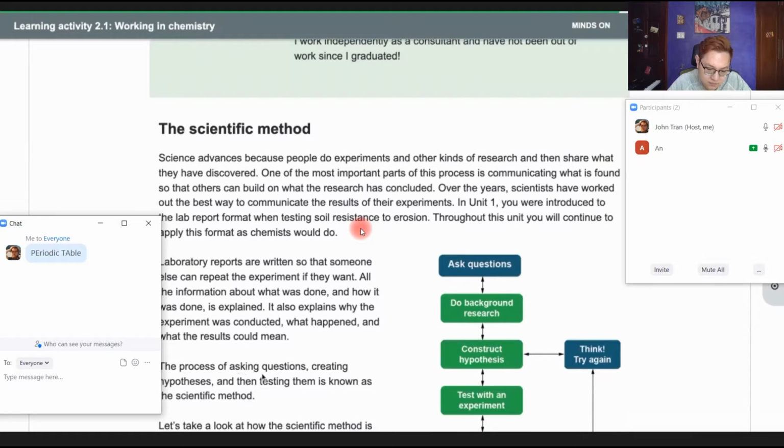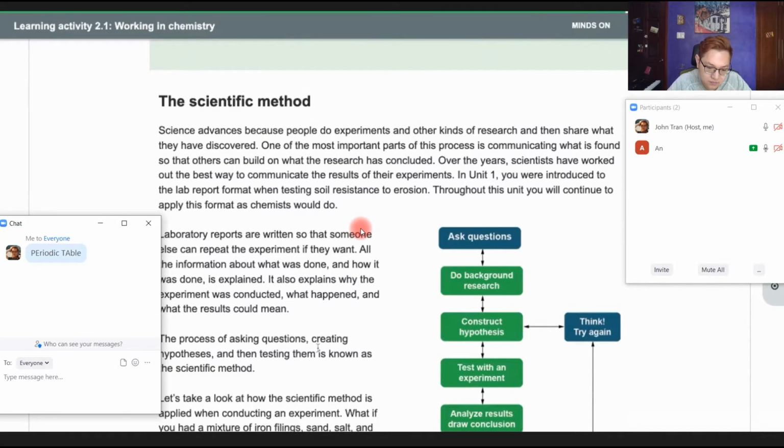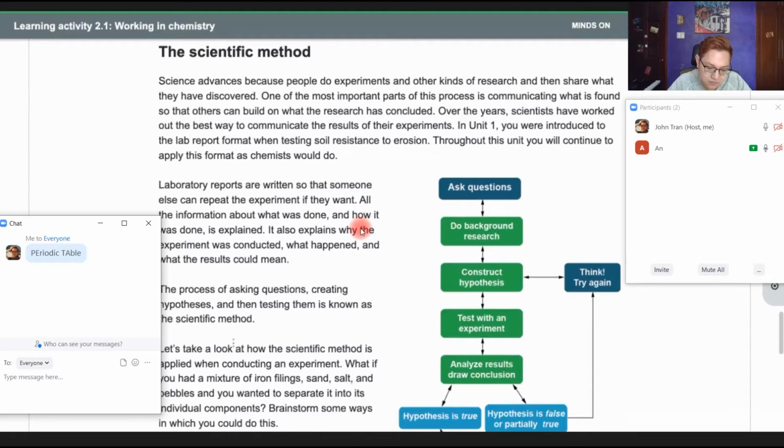The process of asking questions, creating hypotheses, and then testing them is known as the scientific method. Let's take a look at how the scientific method is applied when conducting an experiment.